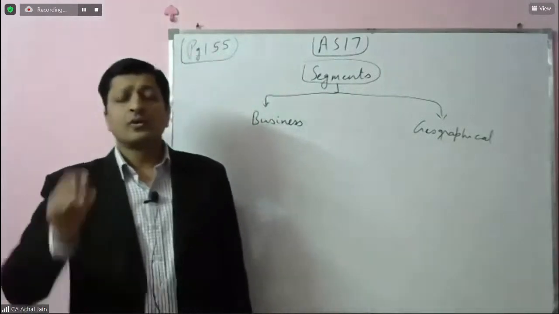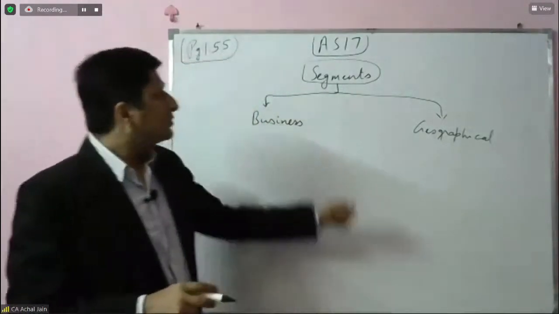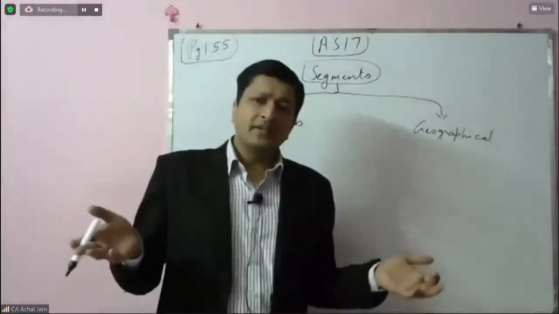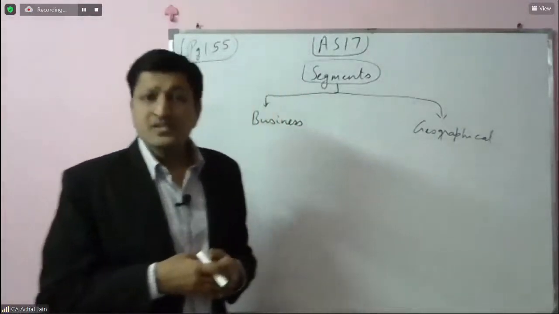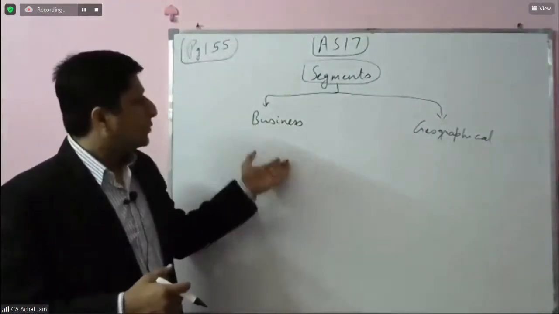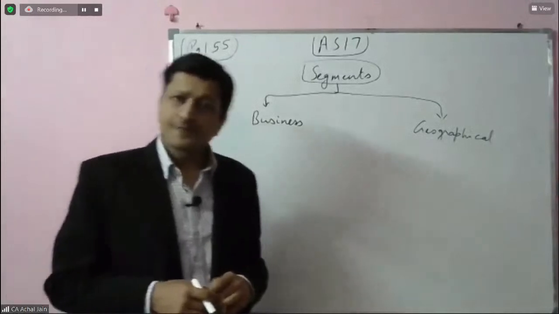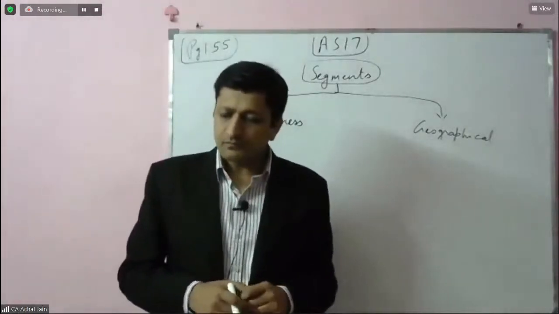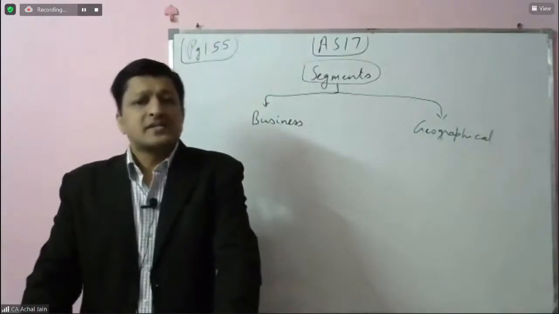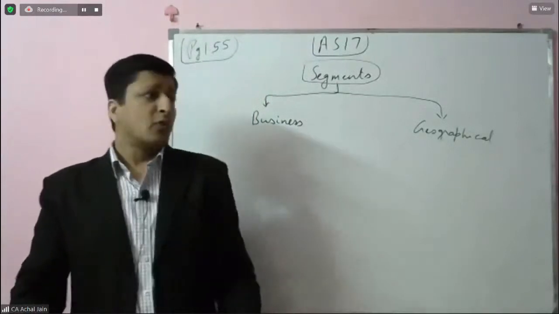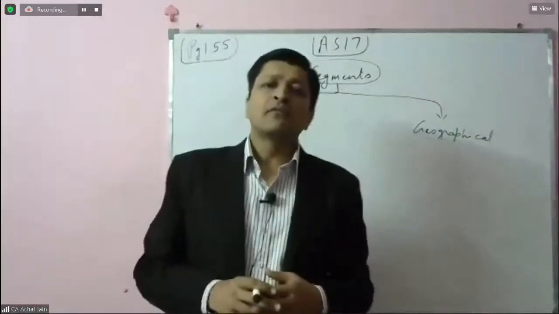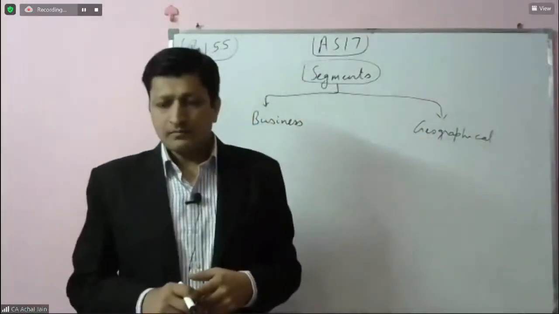So what was the flow? First step was to get to the segments, which can be many, as we discussed. Second step was to bifurcate them into business and geographical segments. Correct? The third step that we discussed was reportable segments, means out of these segments as a whole, which all will become reportable. Correct?